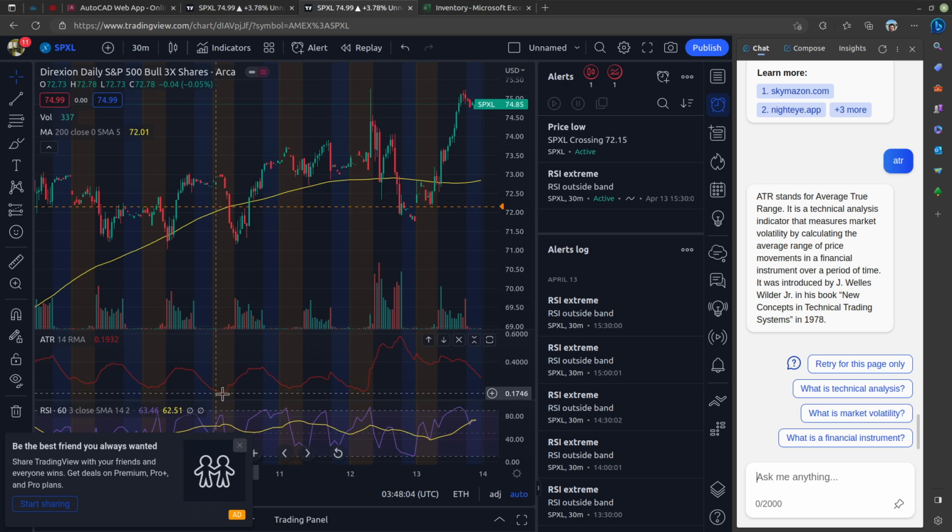This is not good when it's low. The higher the better. Or when it's about to get high, I guess. That's another thing that you have to look at. The ATR. You want the ATR to be high.